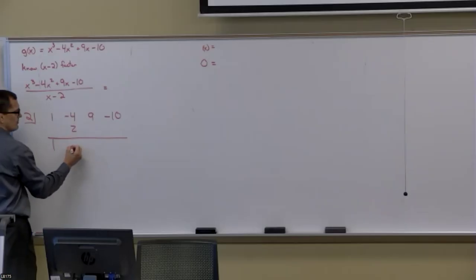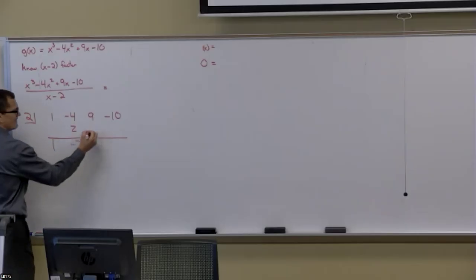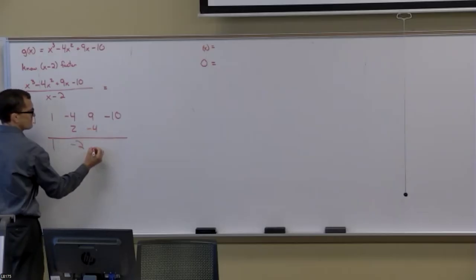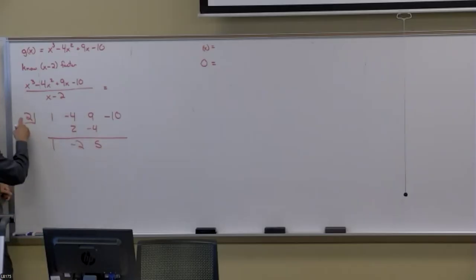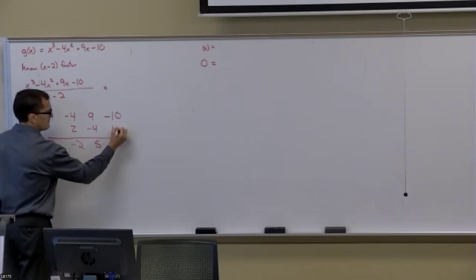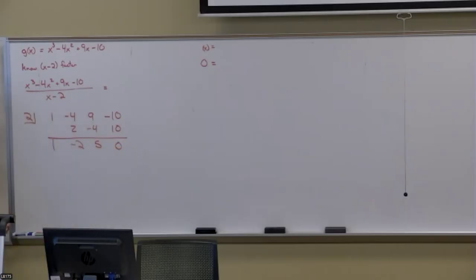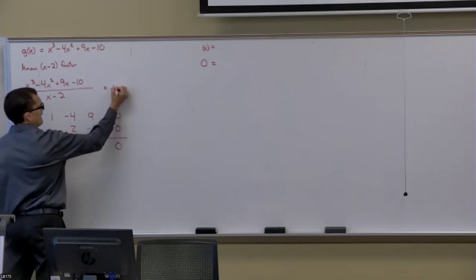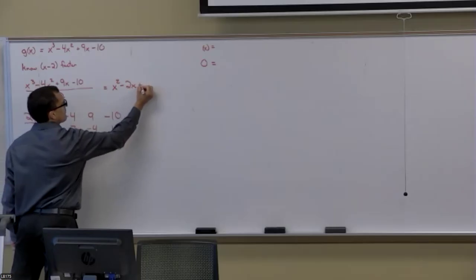Negative 4 plus 2 is a negative 2. 2 times negative 2 is a negative 4. 9 plus negative 4 is a positive 5. 2 times 5 is a positive 10. Negative 10 plus 10 is 0. So when I divide by x minus 2, I end up with x squared minus 2x plus 5.